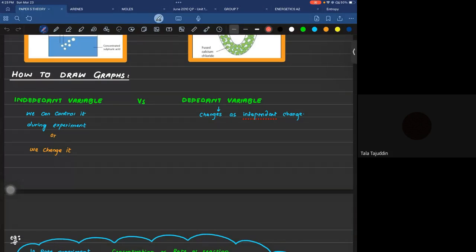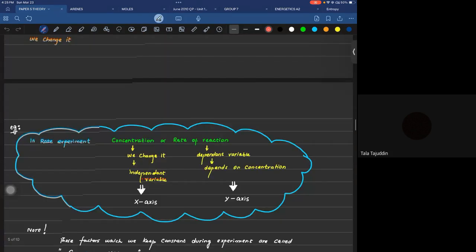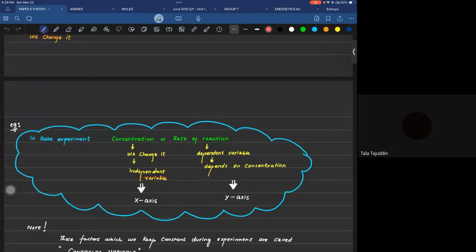And the dependent variable changes as the independent variable changes. In simple words, we generally say concentration is directly proportional to the rate of reaction. So we can change the concentration, but we cannot change the rate. The rate automatically changes as the concentration changes. So the concentration is your independent variable. Rate depends on concentration. Rate is the dependent variable, which is always written on the y-axis, and the independent variable is always written on the x-axis.